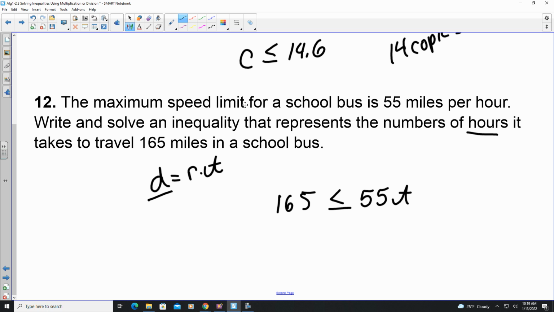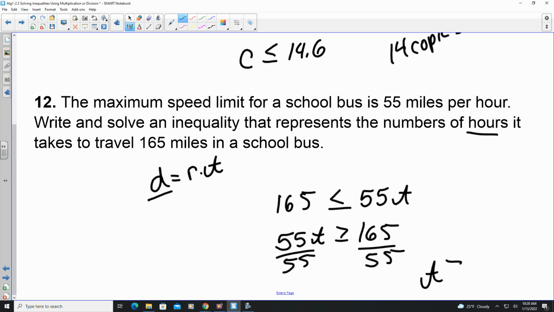Or if you wanted to write it where the variable was on the left-hand side right off the bat, which I'm going to do, 55T is greater than or equal to 165. So I'm going to divide 55 to both sides, which then tells me that T is greater than or equal to 3 hours.